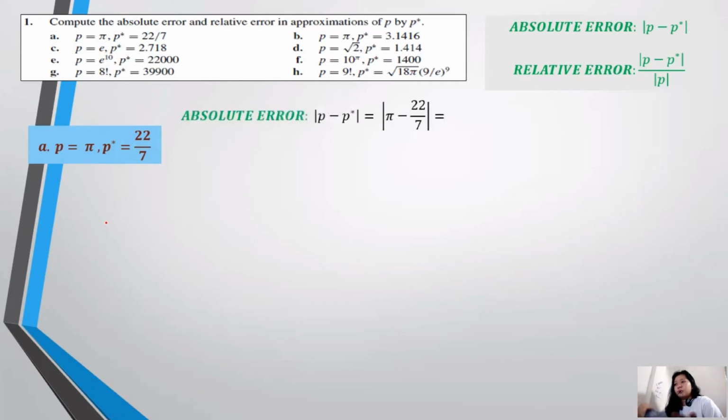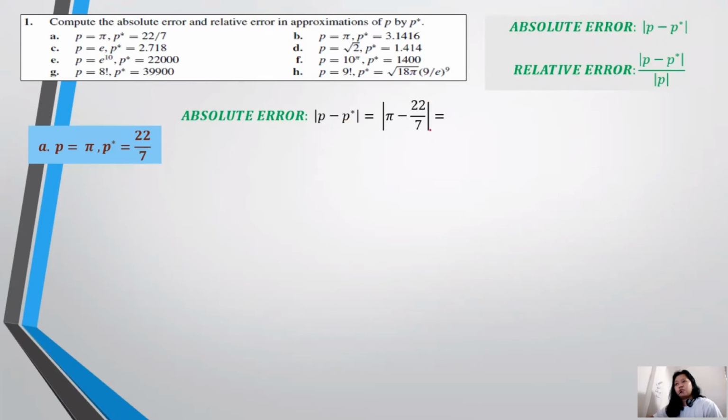So we will be using the formula for absolute error, the absolute value of p minus p*. We substitute the values as given from the problem: pi minus 22 over 7.